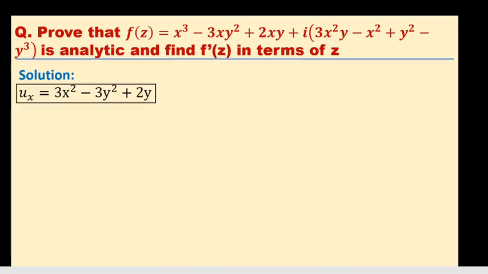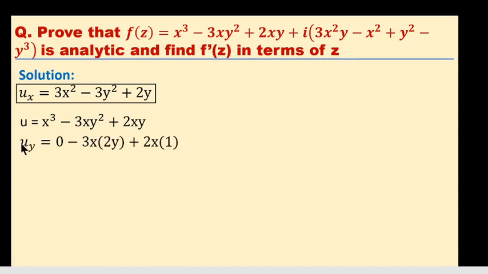Next, let us take derivative of u with respect to y. So, now the functions in y will get differentiated. So, derivative of u with respect to y, that is uy will be, now here we have got the first term as x cube. This does not contain any y. So, this entire thing is a constant.